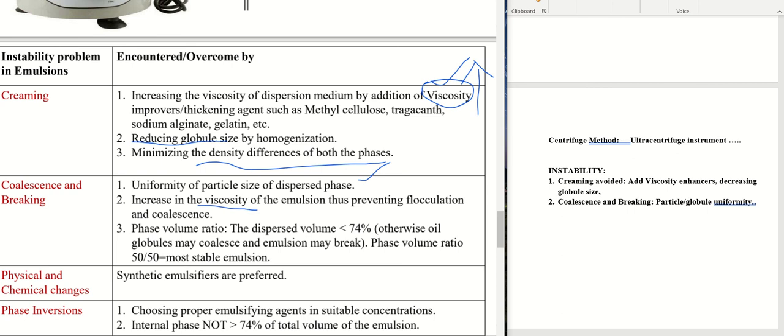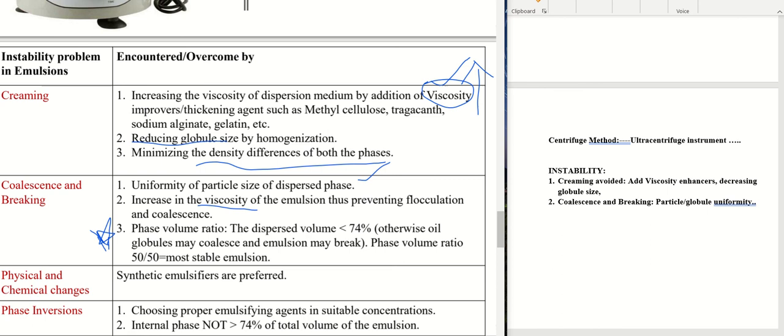And the third one, the most important one, is maintaining phase volume ratio. Maintaining phase volume ratio is very important in maintaining the stability of an emulsion. We should make sure that the internal phase and external phase are always in equal proportions, more or less 50:50.